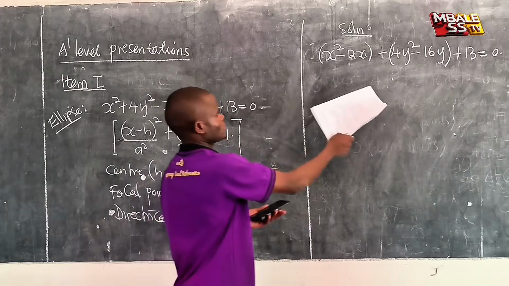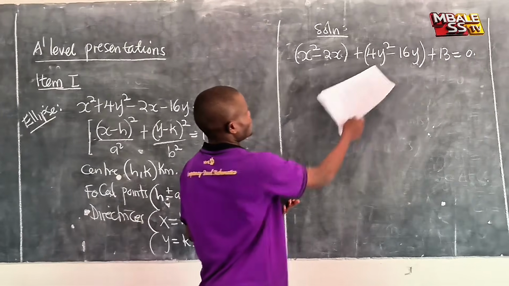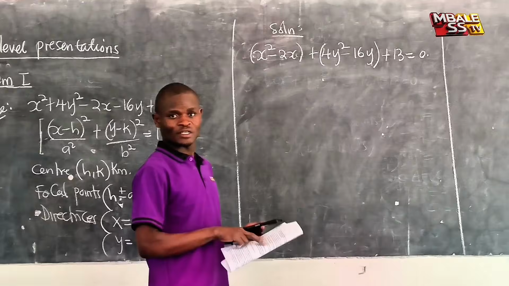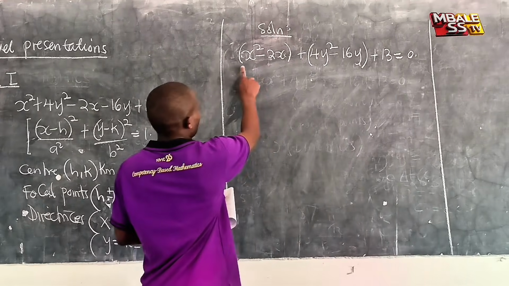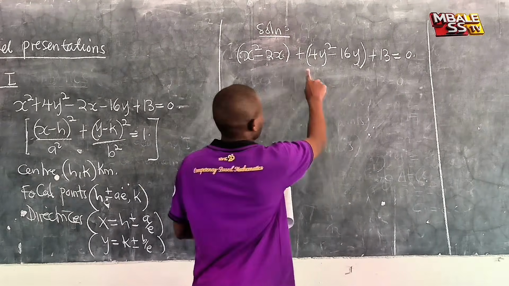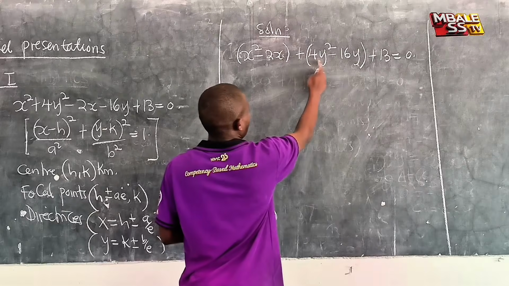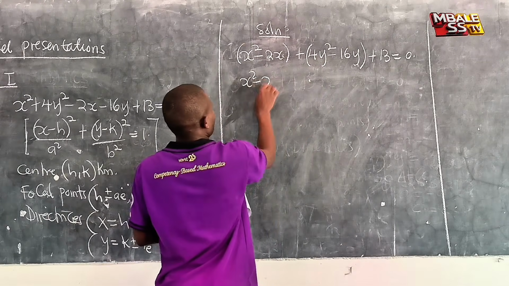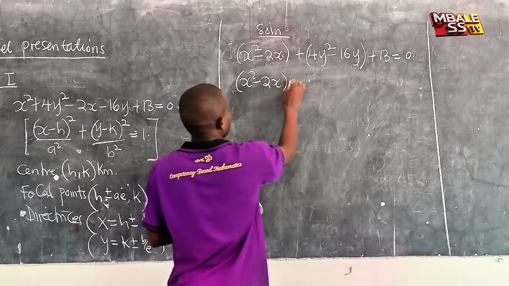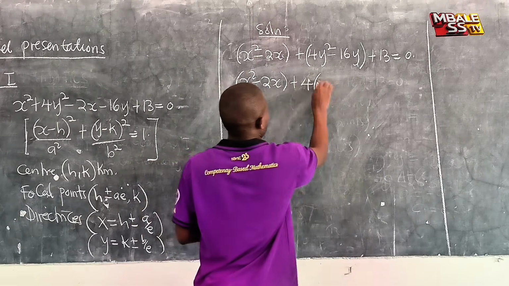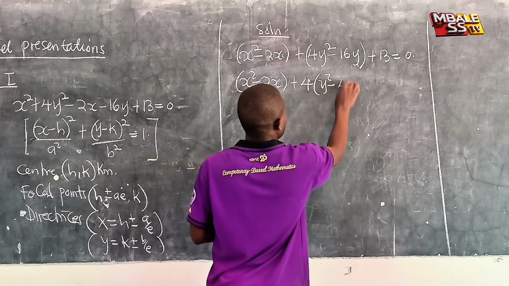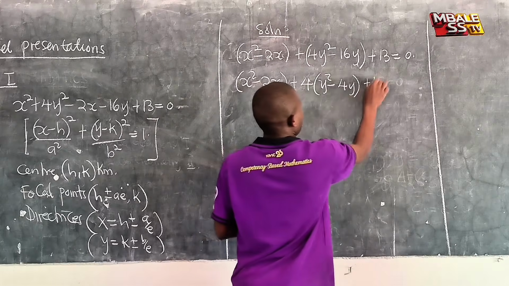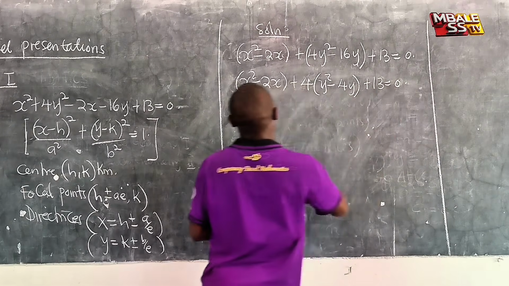Here we are supposed to have x squared and y squared both with coefficient 1. The x part has nothing big to do, but here we see 4 is a multiple of y squared, so we need to remove it. We are not going to divide, we are going to simply factorize it out, so that we have 4 times (y squared minus 4y), then plus 13 equals 0.